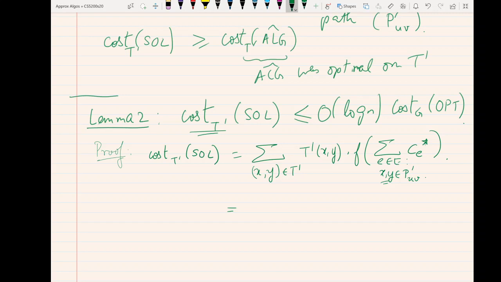Now this thing we're going to use again the buy at bulk property.